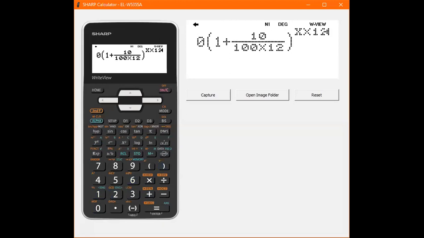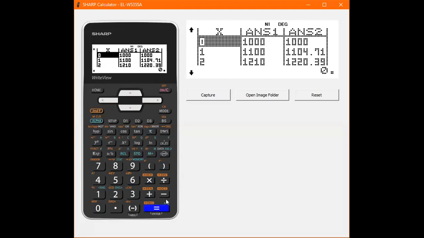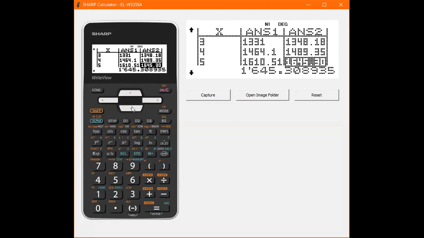And then we can say equals, leave our start at 0 and step at 1. Okay, so after 1 year, because you've compounded it monthly, you've actually gained an extra 4 Rand. After 2 years, you've gained an extra 20 Rand. After 3 years, you've gained an extra 20, and so on and so forth.